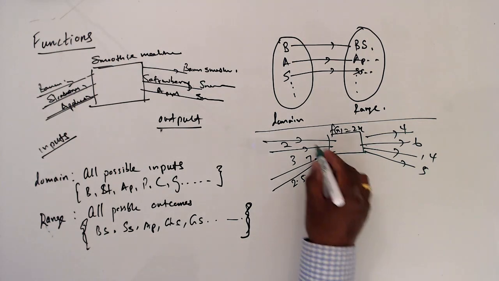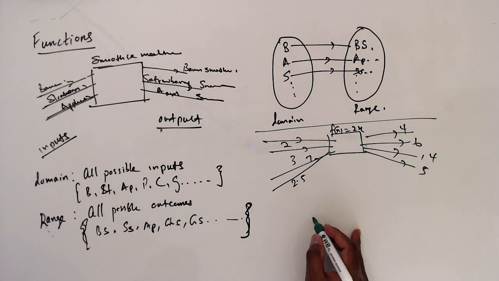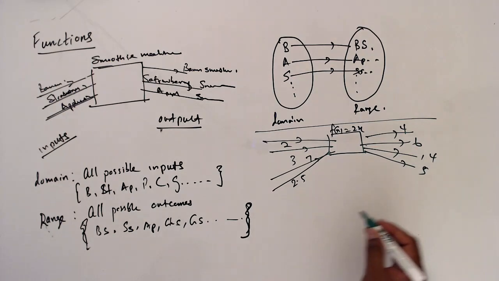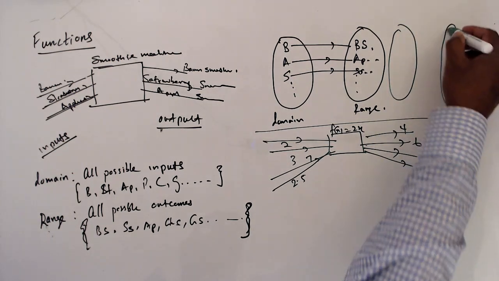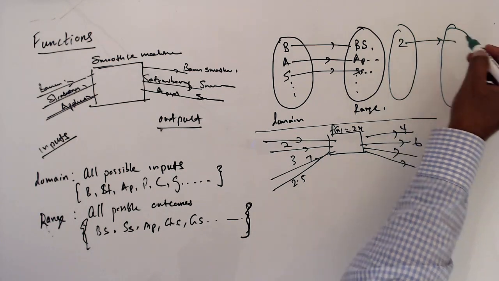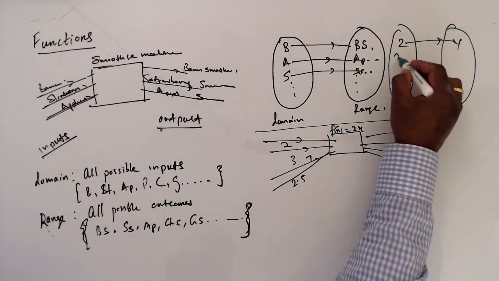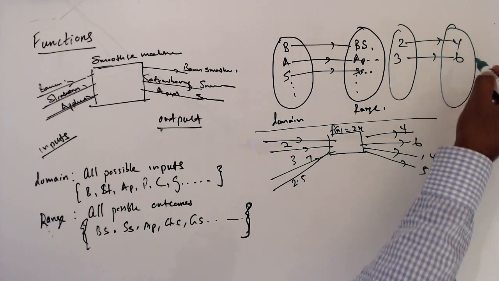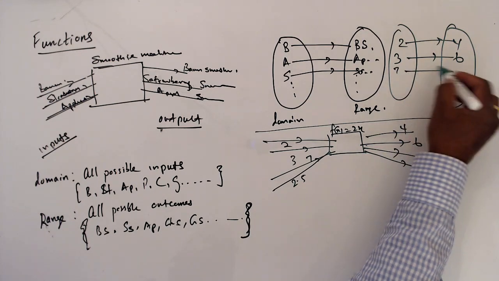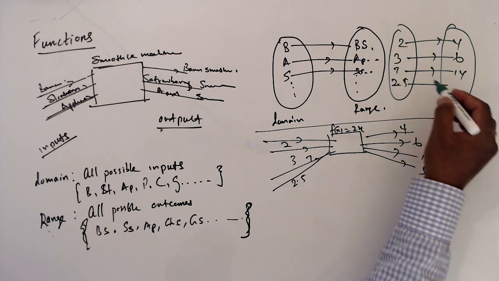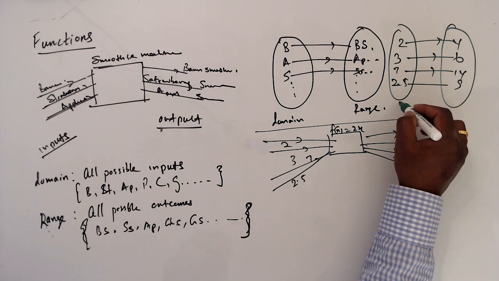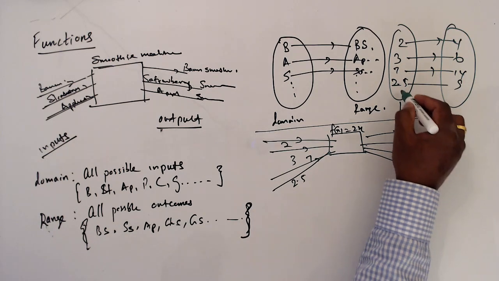Now, what is the domain for this one? We can show it as a mapping from here. 2 goes to 4, 3 goes to 6, 7 to 14, 2.5 to 5. Likewise, this is how you can make a domain.